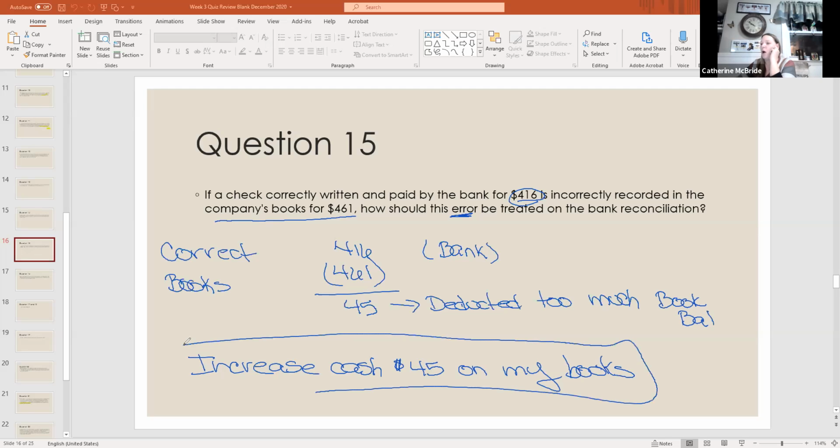So that's the thought process for an error, because they're always different and it can go either way. So you really have to be able to think through errors. Fortunately, they don't happen too often. Are we good here?